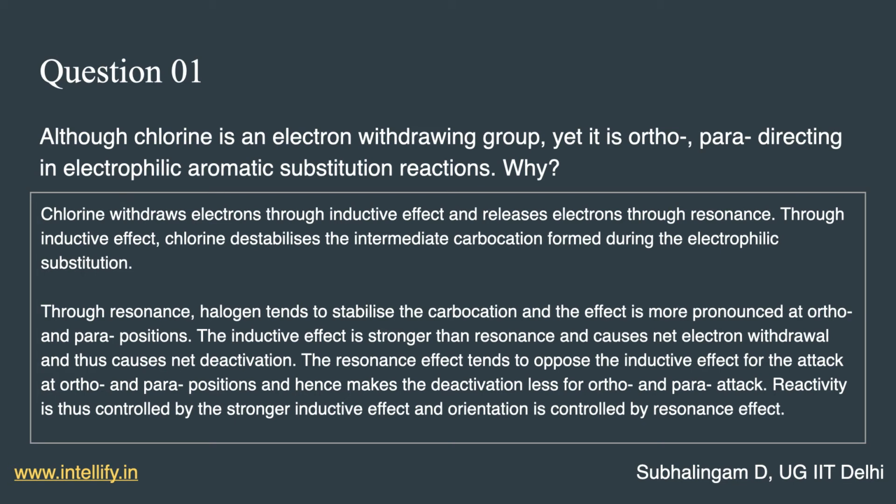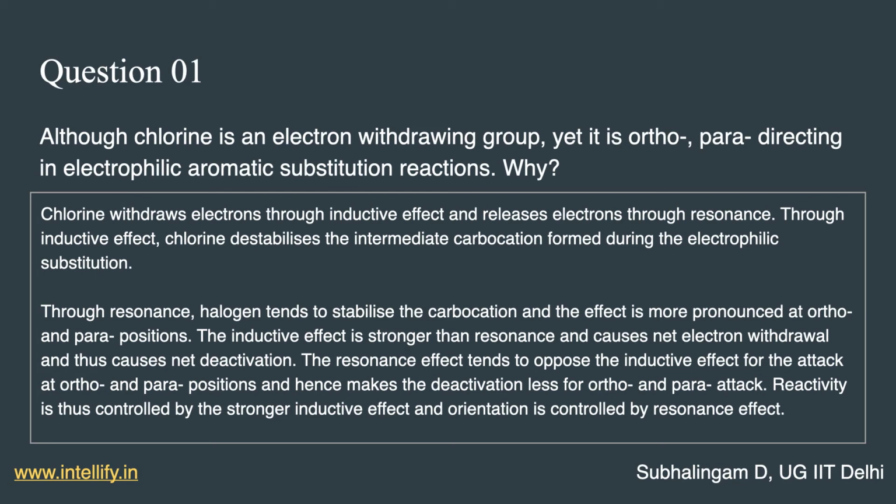So due to resonance, the halogen tends to stabilize the carbocation and the effect is more pronounced at ortho and para positions. The inductive effect is stronger than resonance and causes net electron withdrawal and thus causes net deactivation.